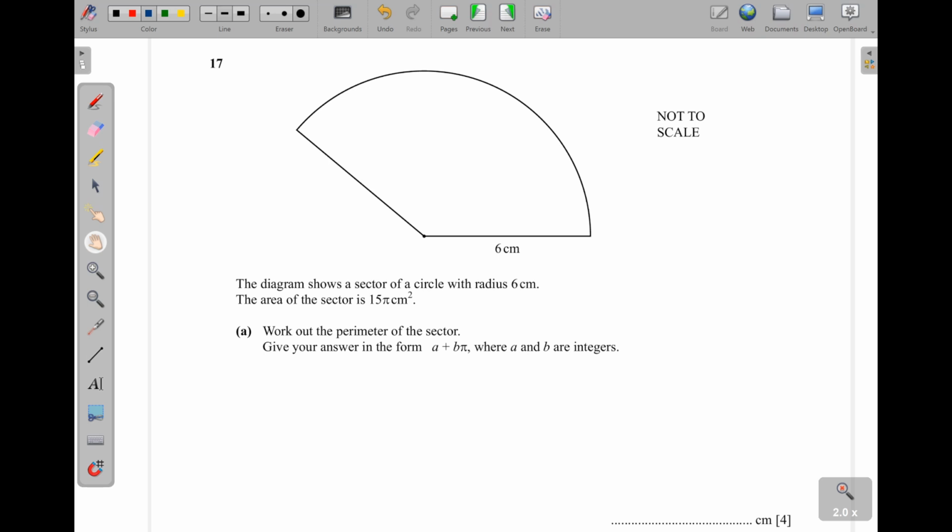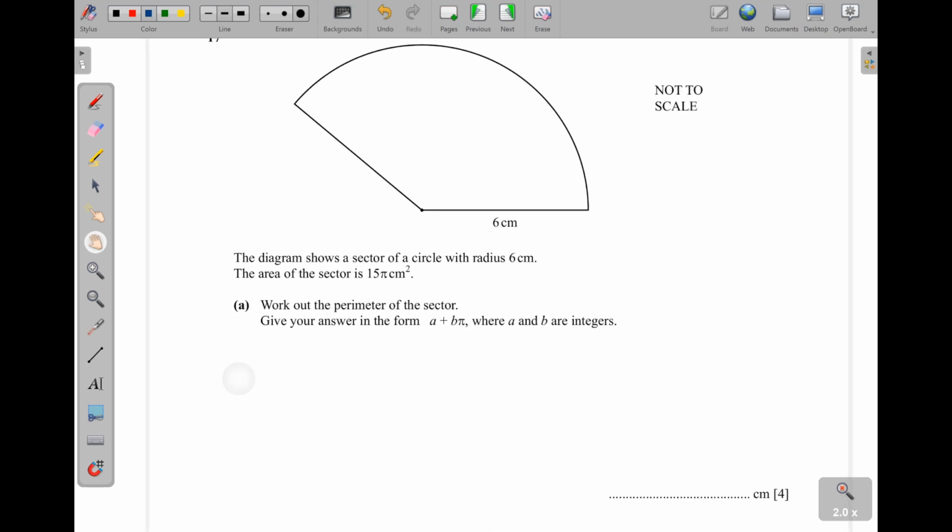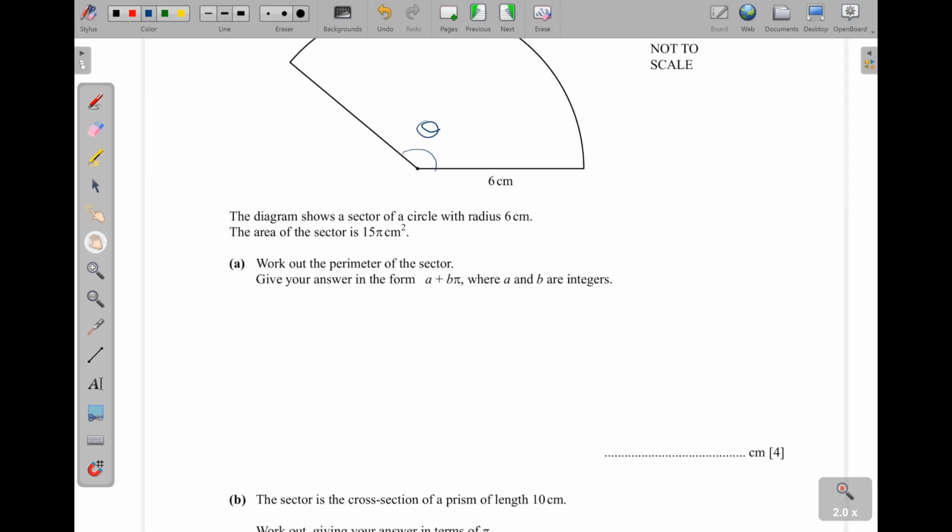So the first thing to do is to find the angle the sector subtends at the center. There is an angle subtended at the center by this arc. So we shall first find that one there.